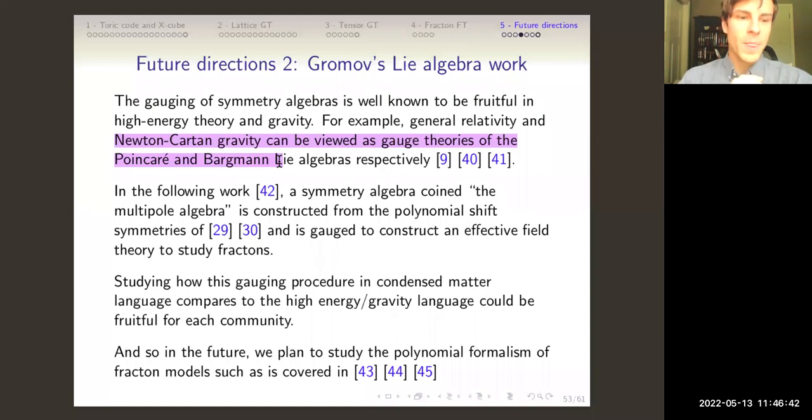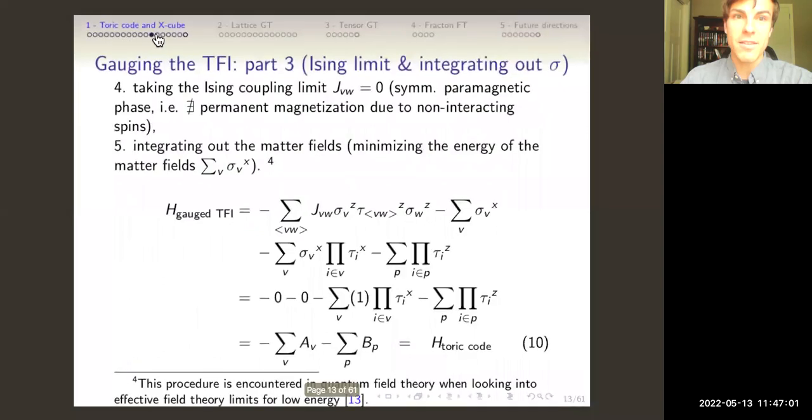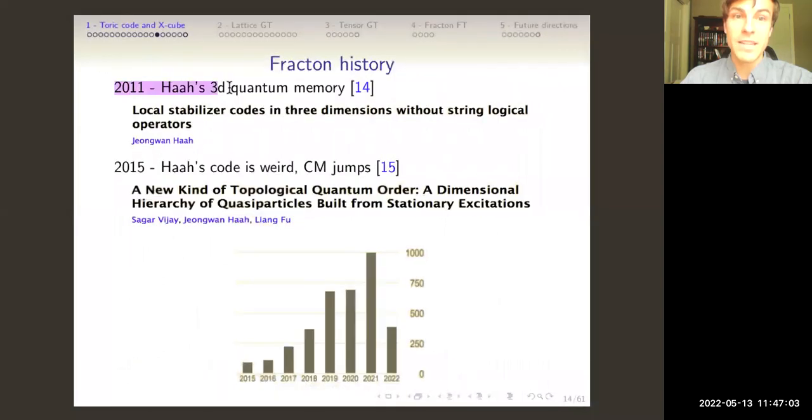This is beyond the scope of what we've done so far, in the sense that we've covered these spin models as well as the tensor gauge perspective, whereas this formalism uses the polynomial formalism from the inception of fractons, which was very quantum information mathematical.